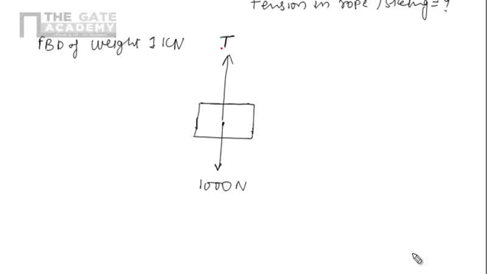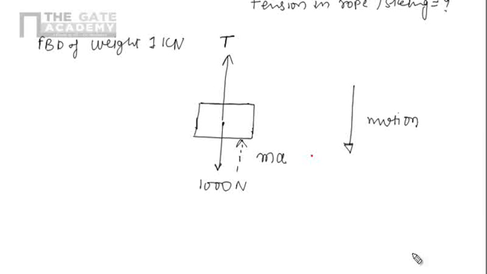Now according to the D'Alembert principle, if we apply the inertia force in the opposite direction of the motion, then it will be in dynamic equilibrium. For this block, motion will be in the downward direction. So the inertia force we can apply opposite to that, in the upward direction, and the magnitude is nothing but mass into a.